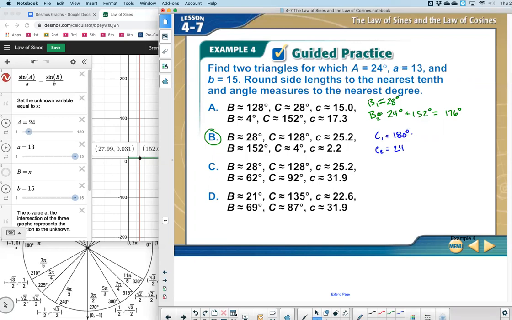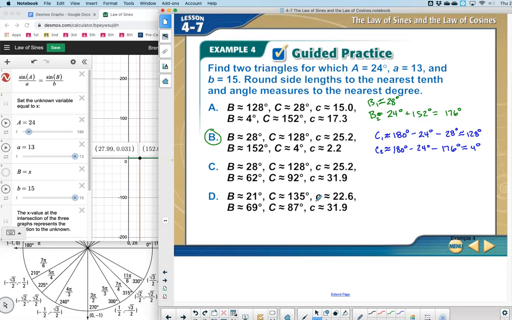Let me try that again. 180 minus the 24 minus the 28. That would give us 128 degrees. Sorry, let's try this one more time. 180 minus that 24 minus 176, which is approximately 4 degrees. So that's how you would get those numbers for that. I'm not going to do the law of sines there, but that's how you could figure that out.